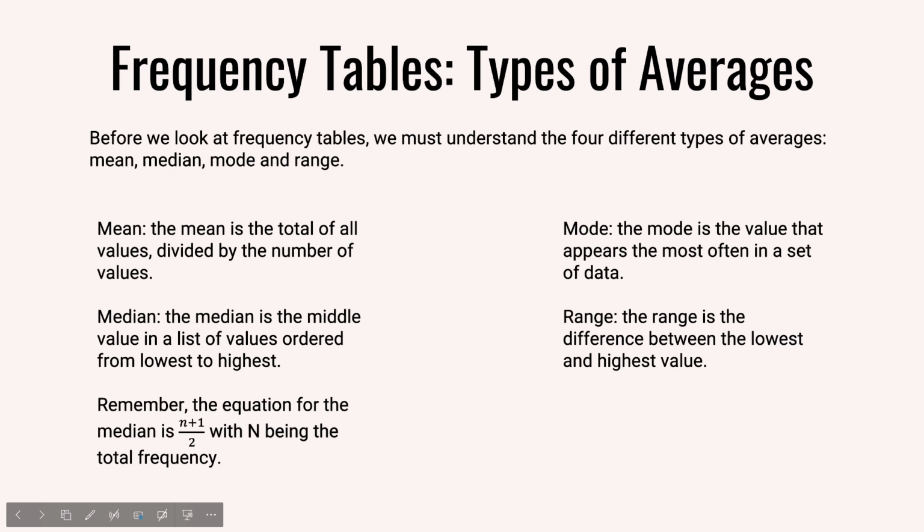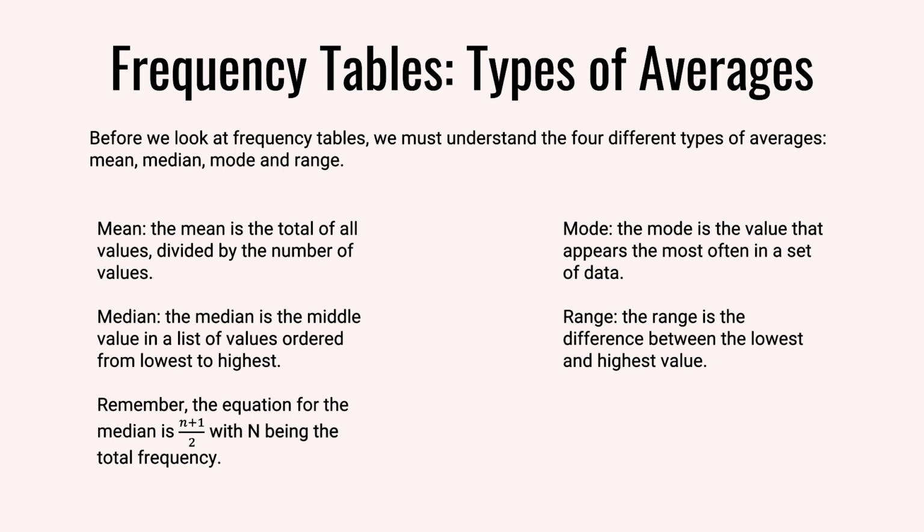Before we have a look at our frequency tables, we must understand the 4 different types of averages we need to know: the mean, median, mode, and the range. The mean is the total of all values divided by the number of values. So say if we had 5, 6, 7, 8, we do 5 plus 6 plus 7 plus 8 and divide by 4 because we've got 4 different values.